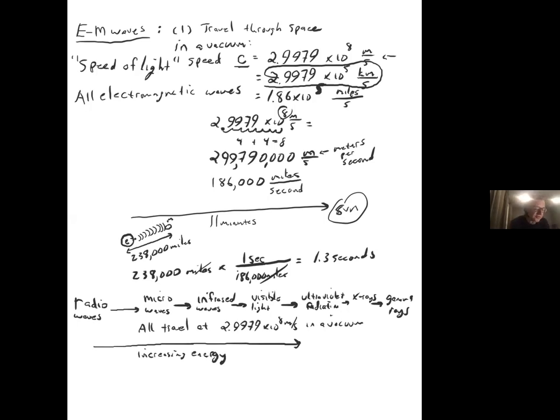So what I mean is gamma rays have more energy than X-rays. So I'm going to write over here, these have the highest energy. And radio waves have the lowest energy. Okay. So one aspect of this that's significant is that ultraviolet radiation, UV radiation, can cause cancer, whereas visible light, for the most part, doesn't.